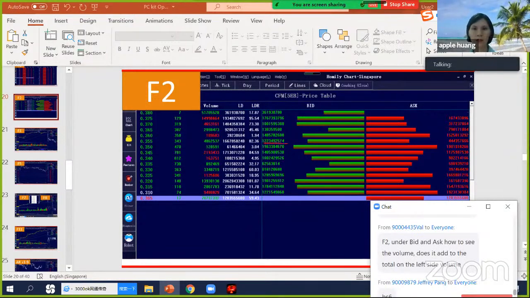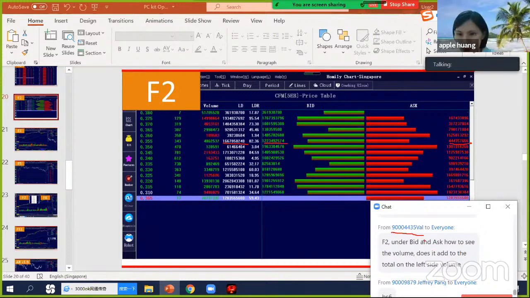This is the bid volume, and here is the ask volume, and these two added together are the actual trade volume. So do I answer your question?